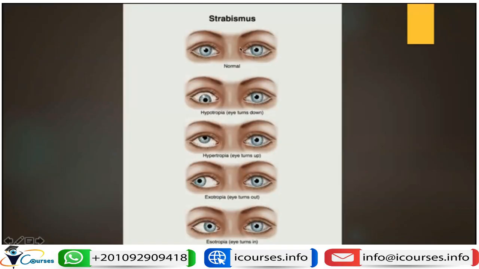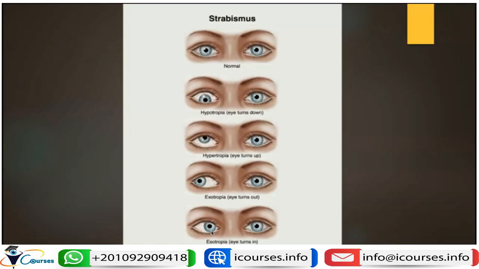When both eyes are aligned normally, they are called orthophoric. If an eye is deviated downward, this is called hypotropia. If it is elevated upward, this is called hypertropia. If it is deviated outside, this is called exotropia. If it is deviated inside, this is called esotropia.